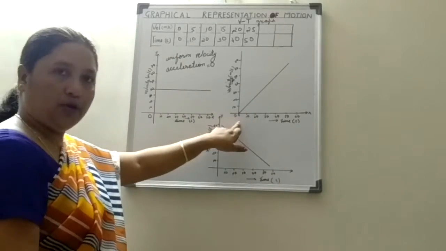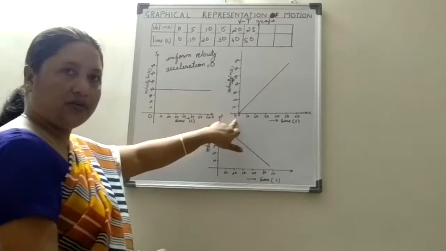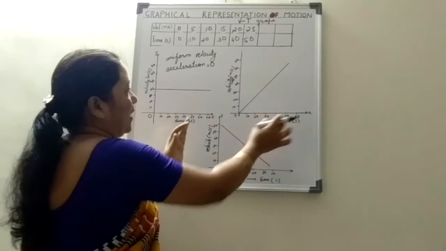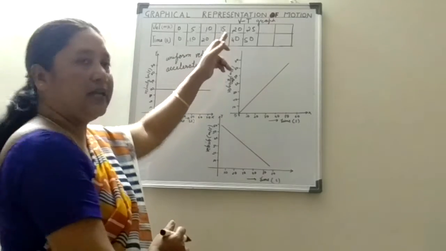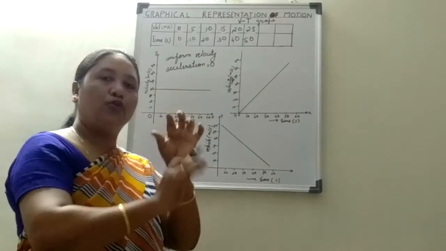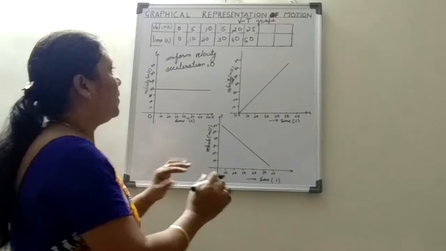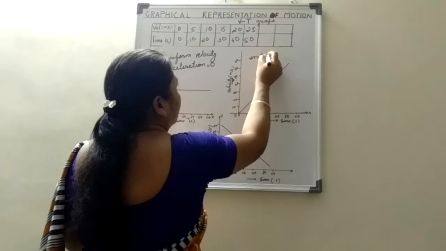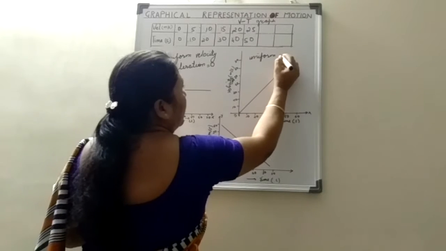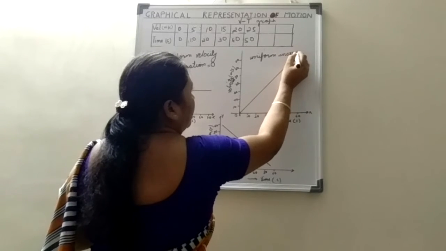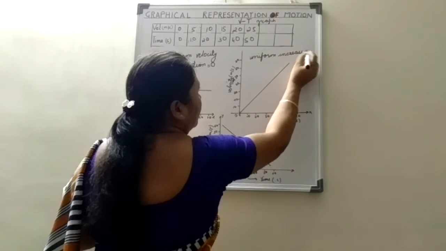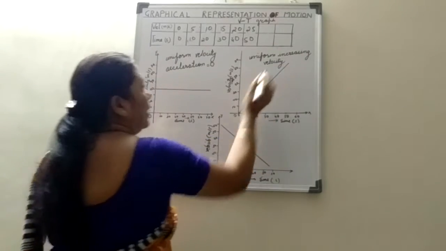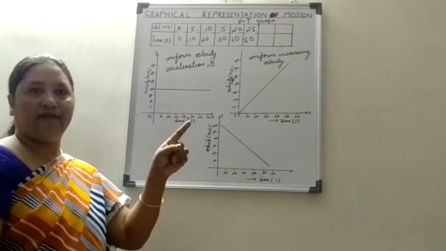When time is 0 seconds, the vehicle is at rest. Now as the time increases, for every 10 seconds the velocity increases by 5 meter per second throughout. That means there is uniformly increasing velocity.